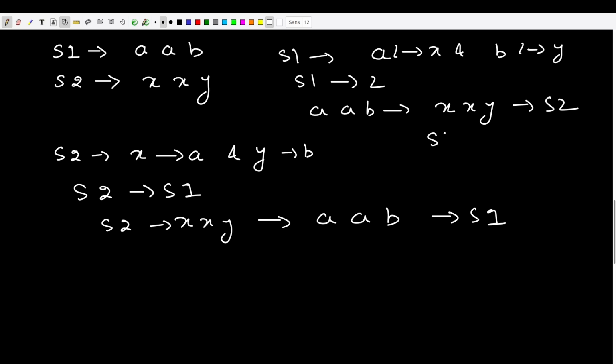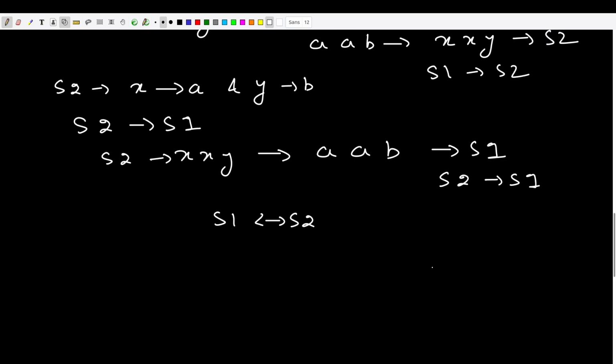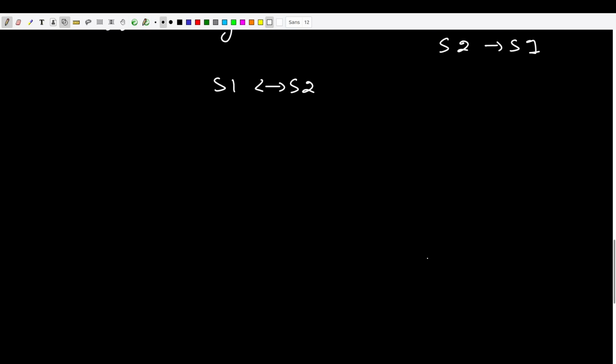So if s1 can be transformed into s2 by performing this operation, and s2 can be transformed into s1 by performing this operation, then we will say that s1 and s2 are isomorphic strings. Okay, so that is the definition of an isomorphic string.